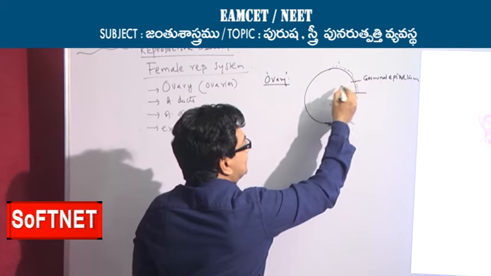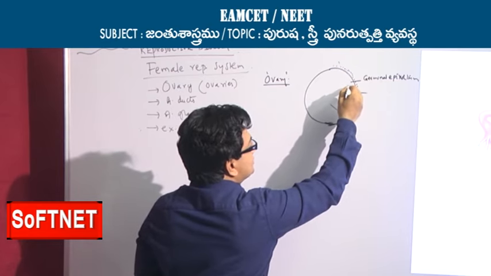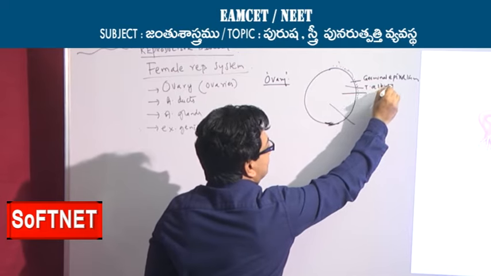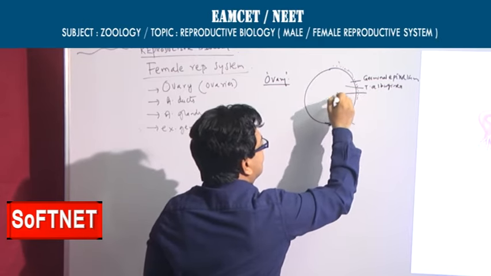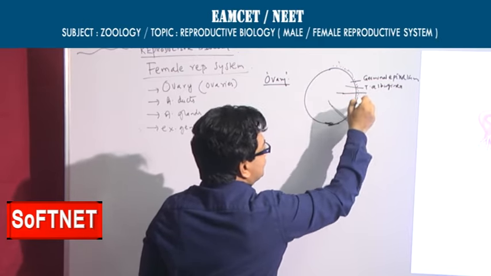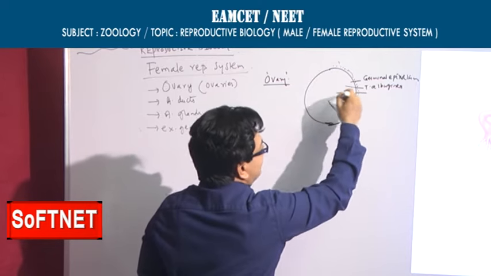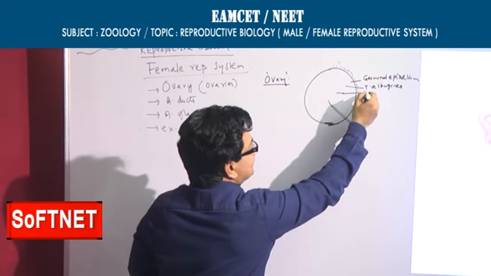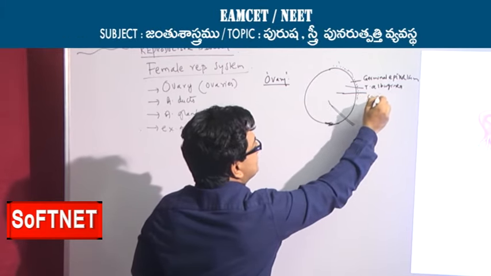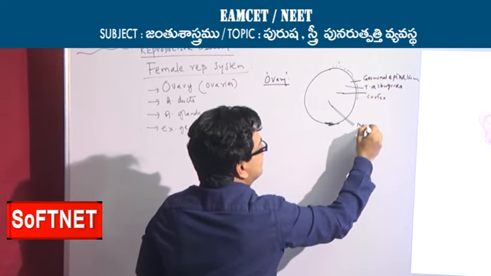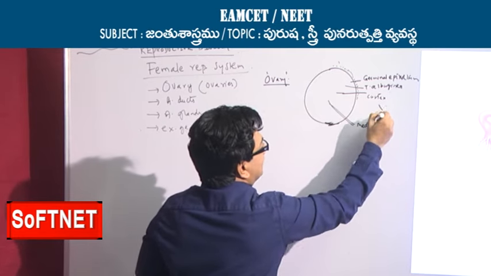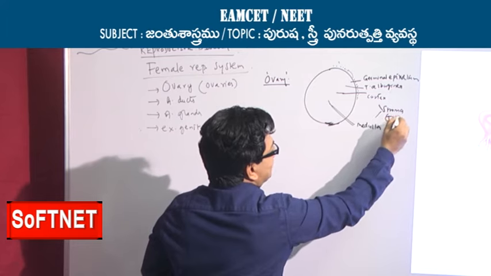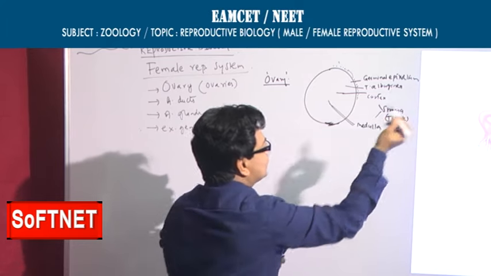After germinal epithelium, there is the tunica albuginea, and the next one is the stroma. I put two lines here: one is the outer part of the stroma, the other is the inner part. This one is the cortex and this one is the medulla, and the tissue present in that is generally termed the stromal tissue.